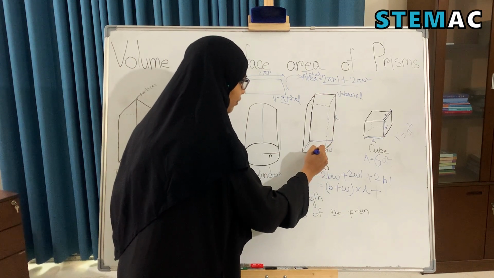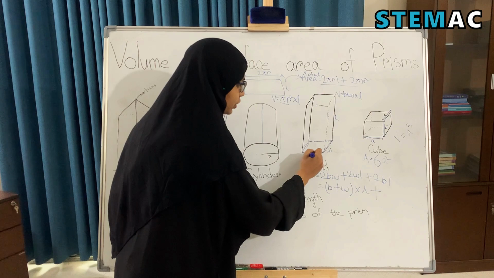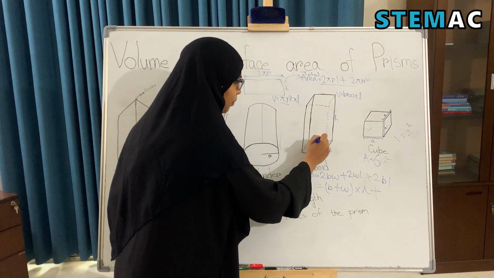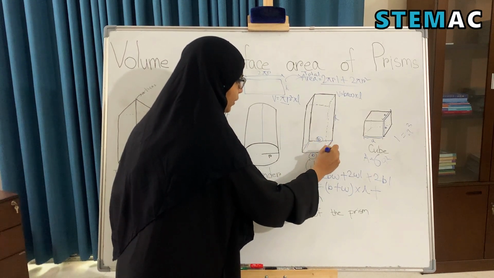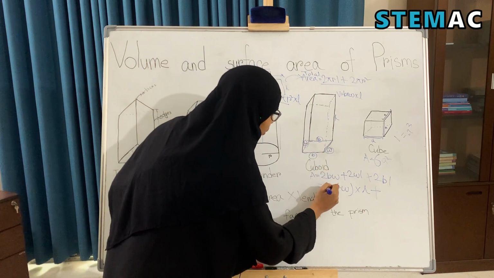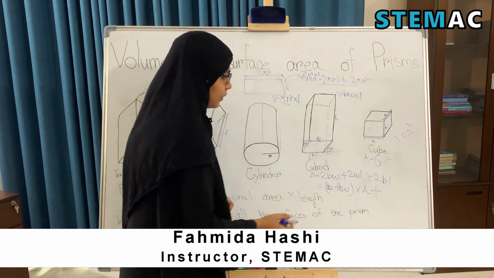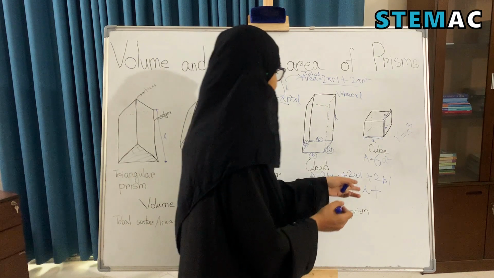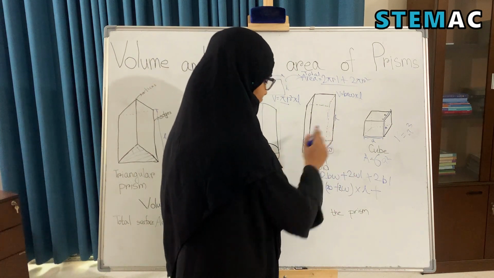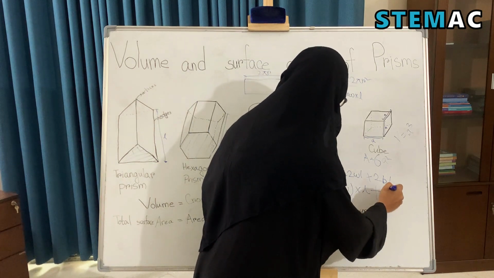The perimeter of this rectangle is 2b, because b plus b plus w plus w, (2b plus 2w) into L, plus the area of the cross section, which would be BW.